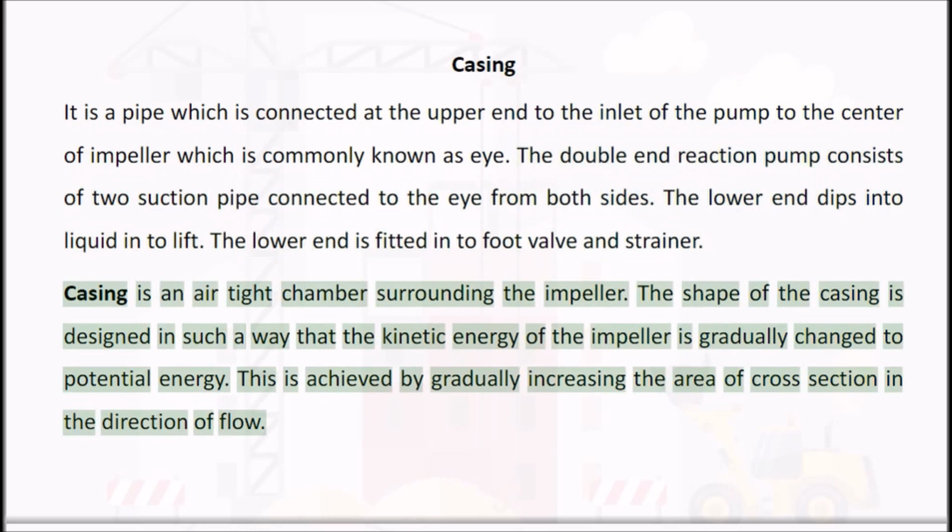Casing is an airtight chamber surrounding the impeller. The shape of the casing is designed in such a way that the kinetic energy of the liquid leaving the impeller is gradually changed to potential energy. This is achieved by gradually increasing the area of cross-section in the direction of flow.